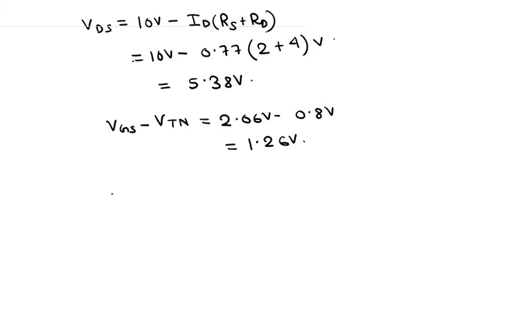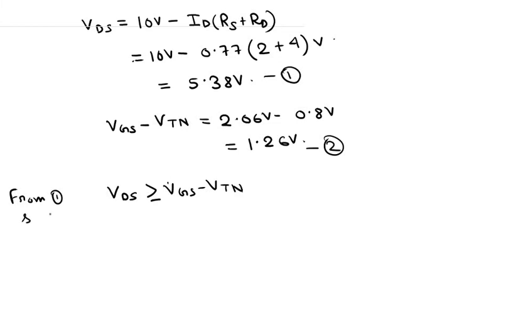So the condition VDS is greater than or equal to VGS minus VTN holds here. Let us call this 1 and this 2. So from 1 and 2, VGS is greater than VDS, which is greater than or equal to VGS minus VTN. So the MOSFET is operating in saturation.